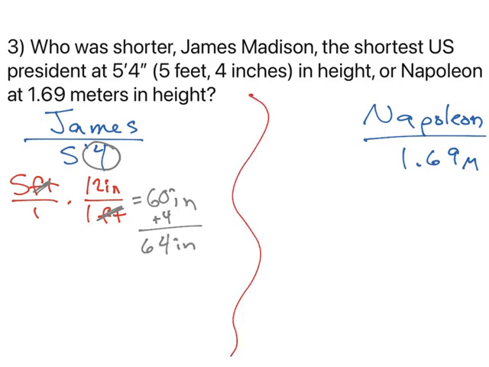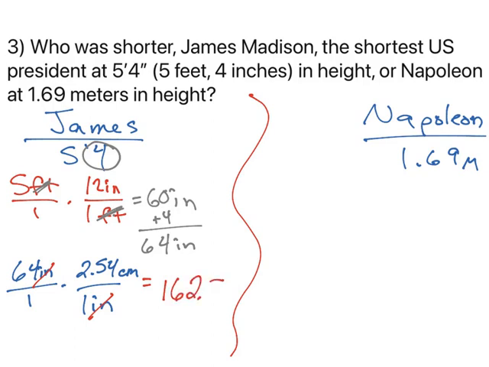So now we just have to decide which one do we want to change. And I'm going to say, you know what? I'm going to change inches to meters. So I'm going to stick with James Madison here. And I'm going to take 64 inches. And I know that 1 inch is the same as 2.54 centimeters. So that makes my inches cancel out. When I multiply across in the numerator, I get 162.56 centimeters.